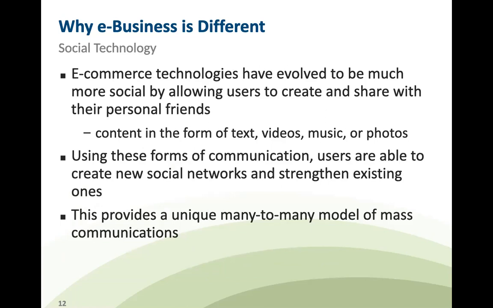Content in the form of text, videos, music, or photos, in any of these forms you can suggest those products. Sometimes there are contests. If you suggest a particular product to your friends, then you will have the chance to win a gift like that, right? Using these forms of communication, users are able to create new social networks and strengthen existing ones.